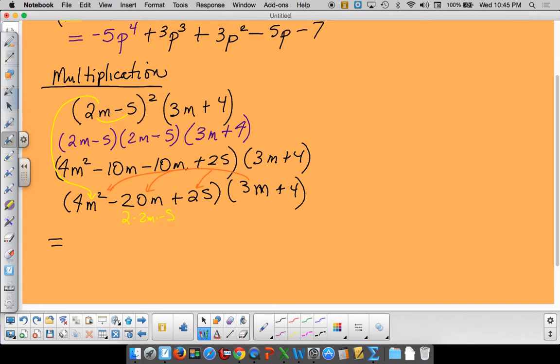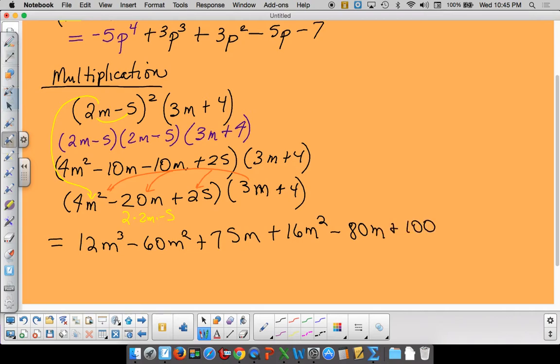It's not hard, just a little bit of writing. So I'm taking 3m times all the trinomial. That'll give me 12m cubed minus 60m squared plus 75m. And then go back and take it all times positive 4, which would give me 16m squared minus 80m plus 100.